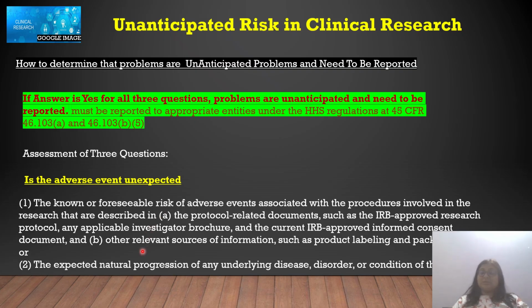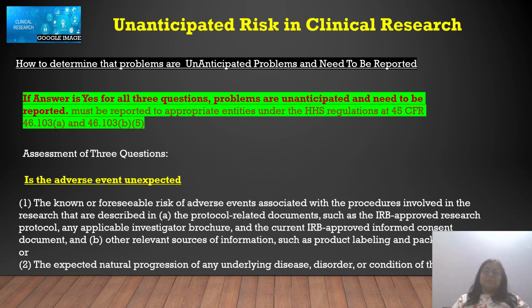If yes, then obviously it is not unanticipated. Second, was it expected as the natural progression of any underlying disease of the person? Like someone has some other problem other than migraine, and because of that, there may be chances that he can have brain cancer.